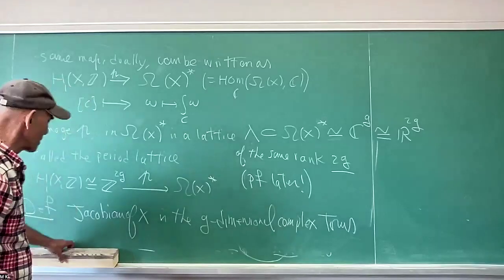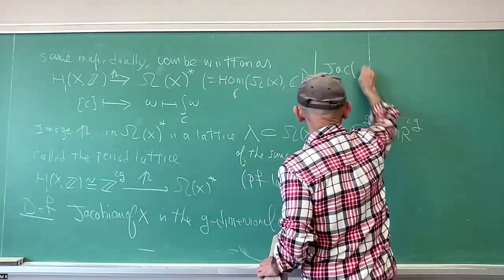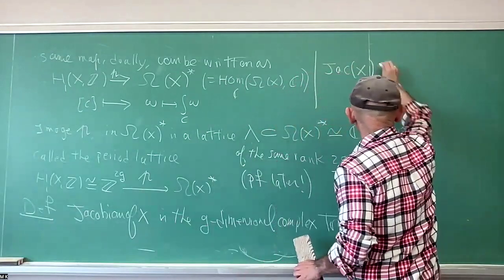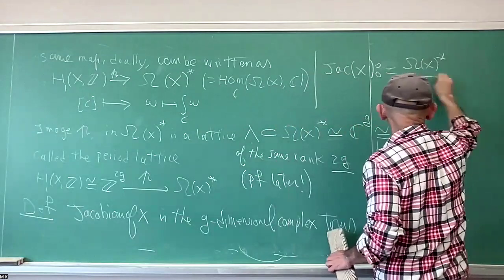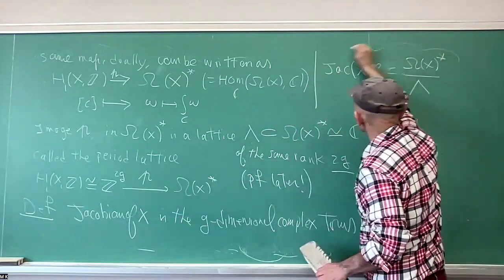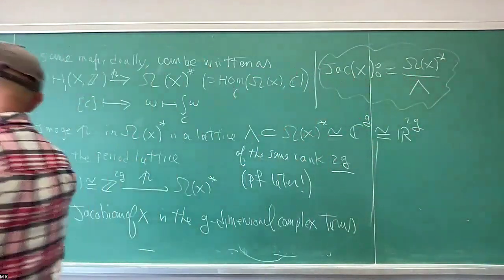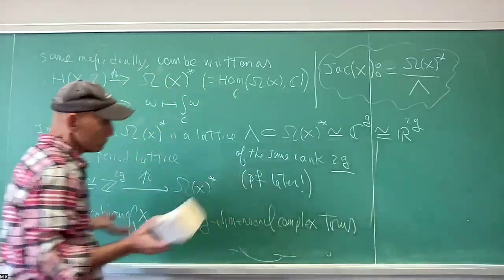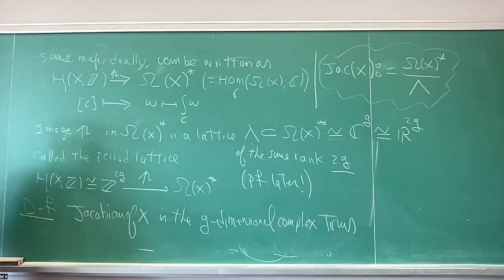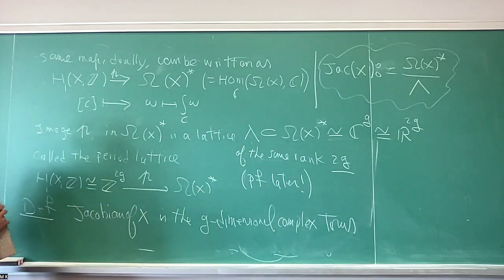So the notation is Jac X. So this is by definition equal to omega X star divided by lambda. So it's a complex torus. Its complex dimension is g. So it's a group. Okay, so it has a lot of other properties. So it's an example of an abelian variety. So let me write something maybe a little more general in this case. Any question about the definition?